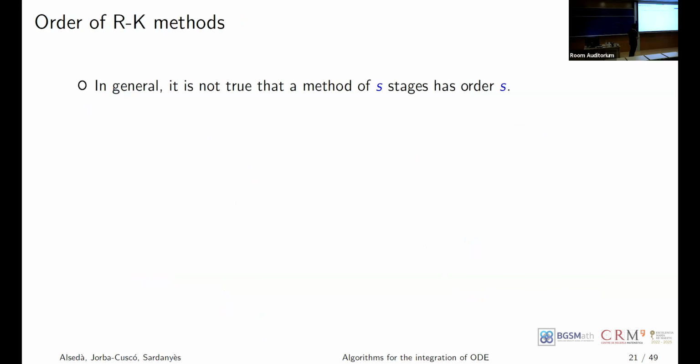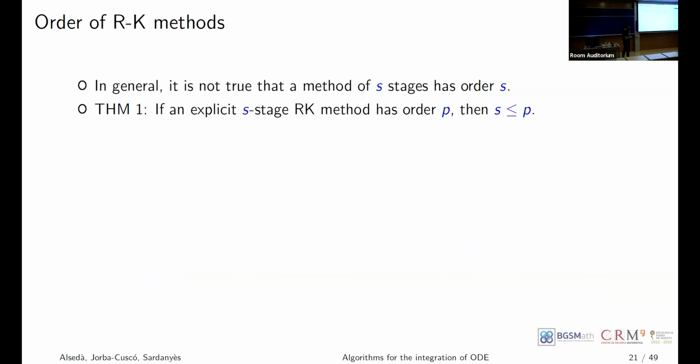So, as I said, in general, it's not true that S stages means order S. And there are theorems to prove that. So first of all, something I said, the error, by the way, is always smaller than, this is a mistake. The order is always smaller than or equal to the number of stages.